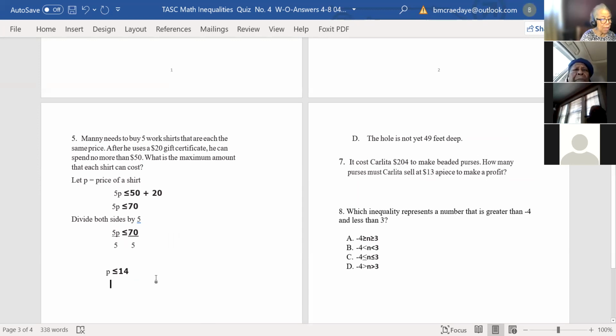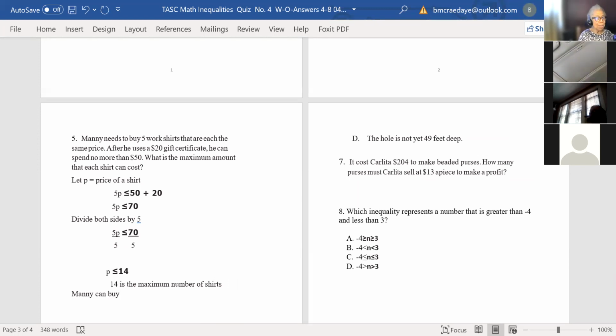So that means what? The maximum number of shirts Manny can buy is 14.